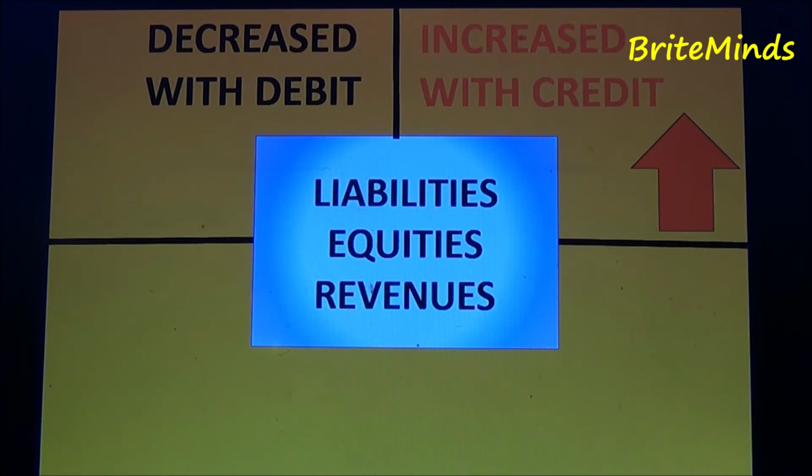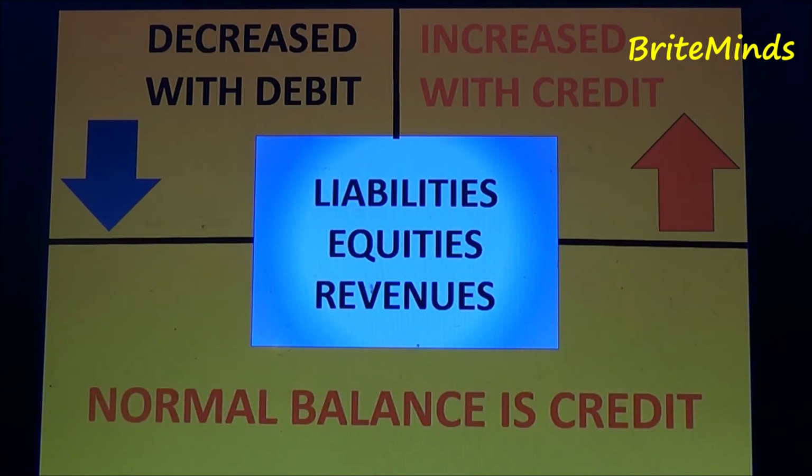So decreases in liabilities and decreases in equity accounts are recorded as debit. And the normal balance of liabilities, equity, and revenue accounts is credit. Remember that, guys.